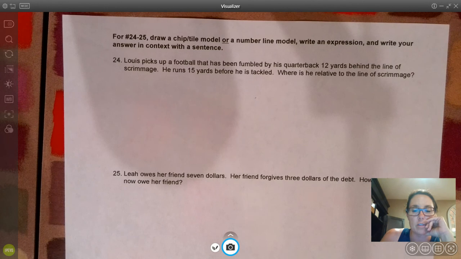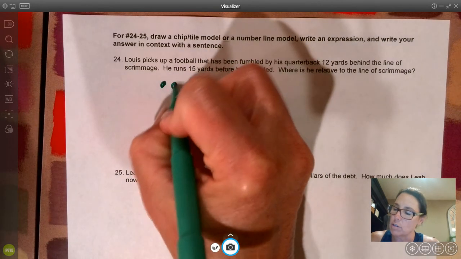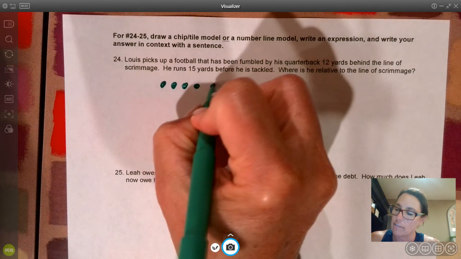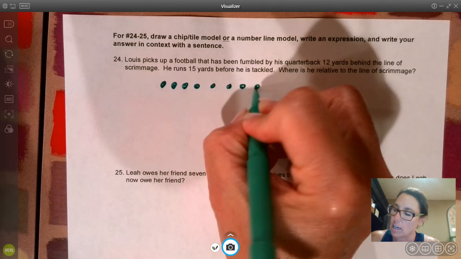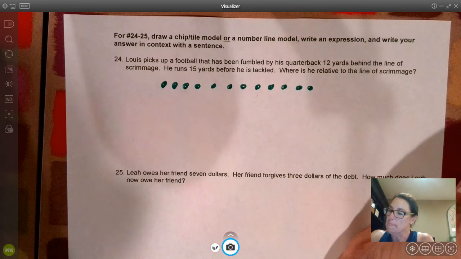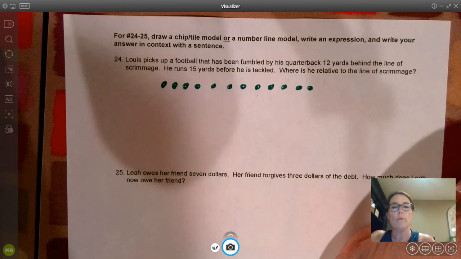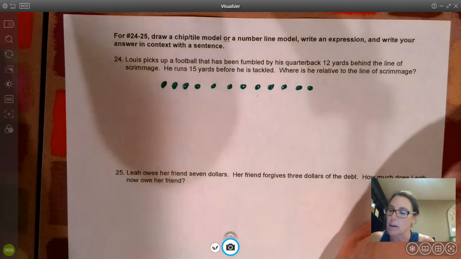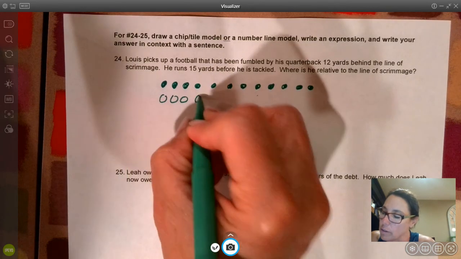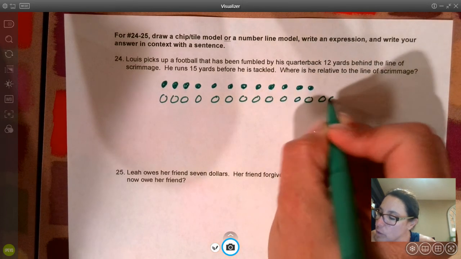All right, so 12 yards behind. That's a negative. 1, 2, 3, 4, 5, 6, 7, 8, 9, 10, 11, 12. Okay, then he runs 15 yards. You always run in football in a positive direction. 1, 2, 3, 4, 5, 6, 7, 8, 9, 10, 11, 12, 13, 14, 15.